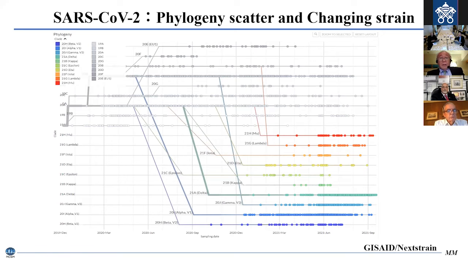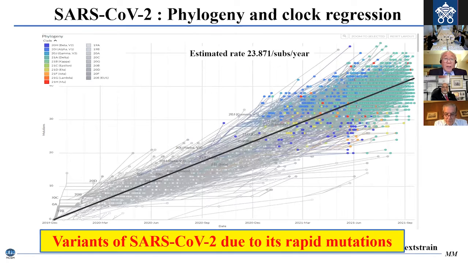That is now computer assisted. They are calculating when and how they mutated, recombined or deleted. This is ongoing. As you can see here, this is 1 million sequences from all over the world, and they are estimated.